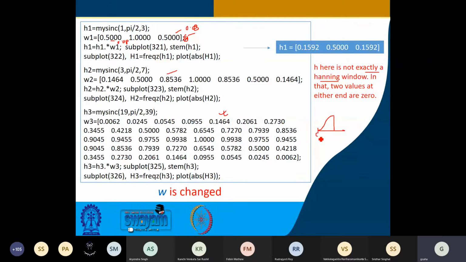Since the last value doesn't contribute when you multiply with the weight, it has not been shown here. In the Hamming window it ends at 0.08, here it ends at 0.01. So either end it is 0 for any order, and that's why it has not been shown here.